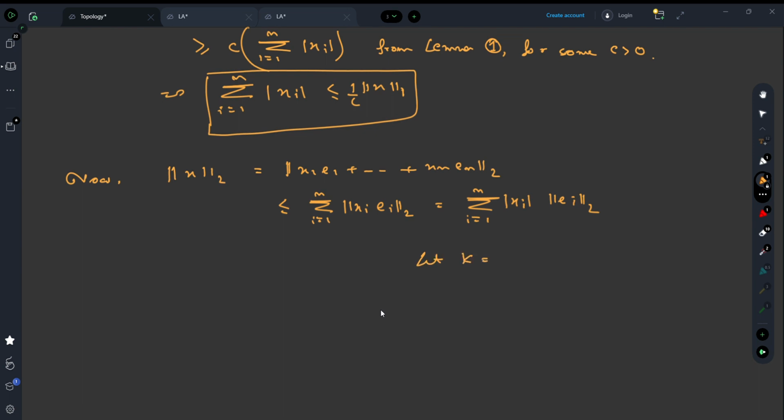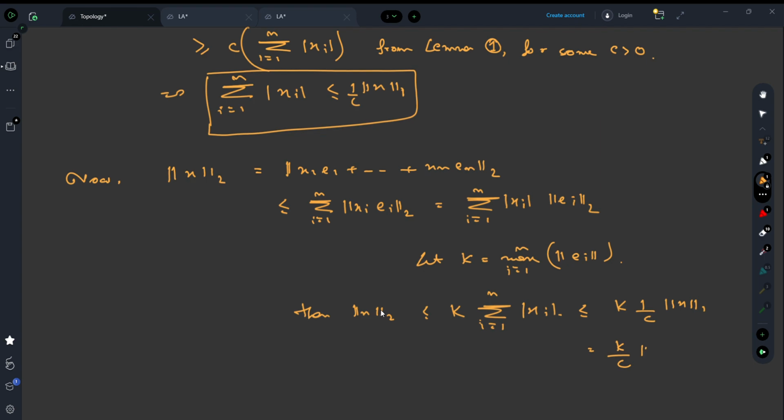Okay. But we have a finite number of vectors here. So let k be the maximum of the norms of the ei, i equals 1 to n. Then the 2 norm of x is less than or equal to k times the summation i equals 1 to n of mod of xi. But we already have that this is less than or equal to 1 by c times the 1 norm of x.